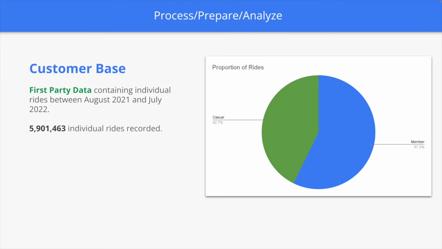A cursory review of the dataset outlines that there are about 6 million entries over the course of the last year, meaning that there's quite a bit of data to review.